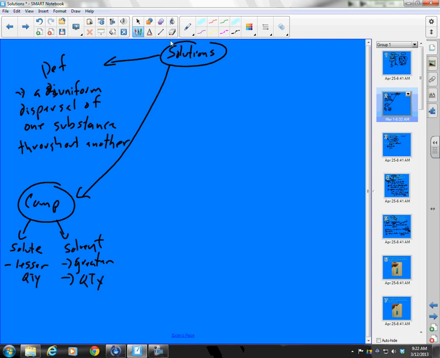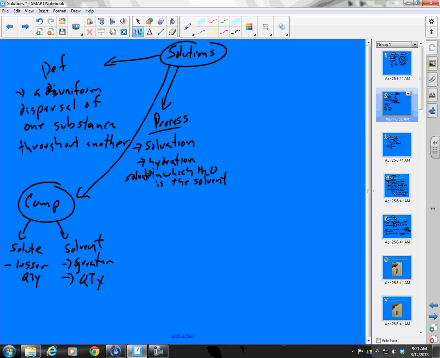And then we talked a little bit about the process of making a solution, and that process is called solvation. And a subset of solvation is hydration, and that is solvation in which water is the solvent, right?